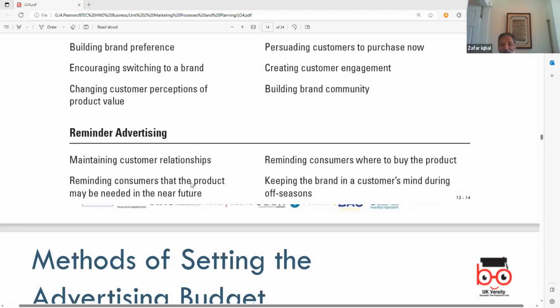And the third one is that you are constantly bombarding people with the advertisement and reminding them, triggering their mind all the time. In other words, you are refreshing their memory, because people will forget about the advert, they switched off.